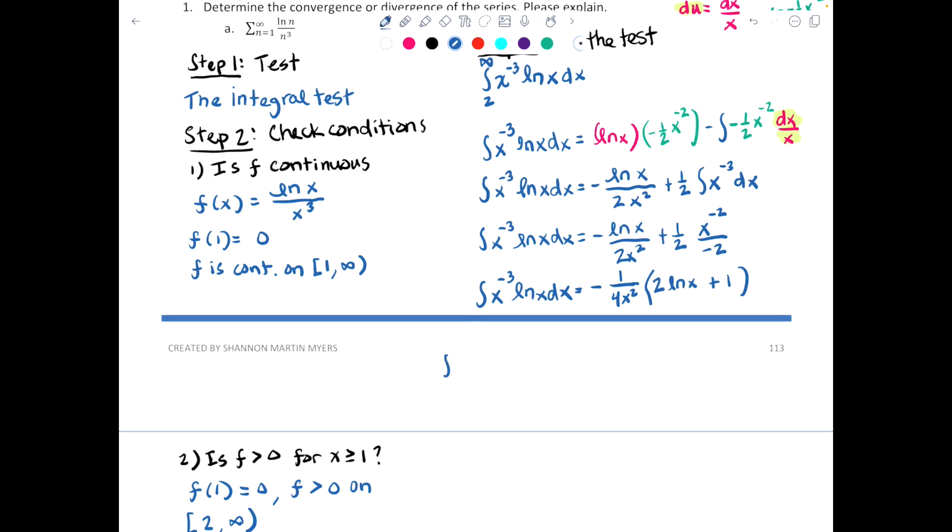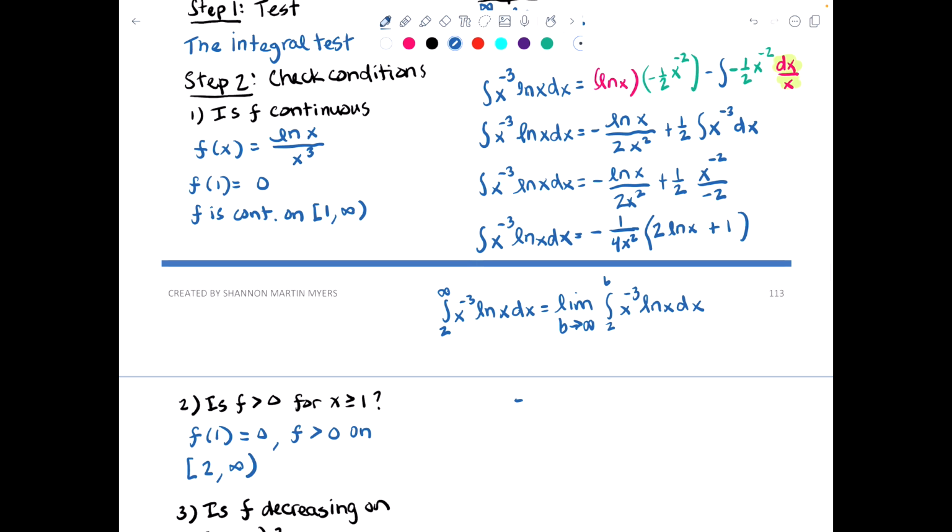Our improper integral from 2 to infinity of x to the negative 3 natural log of x dx is equal to the limit as b approaches infinity of the integral from 2 to b of x to the negative 3 times natural log of x dx.